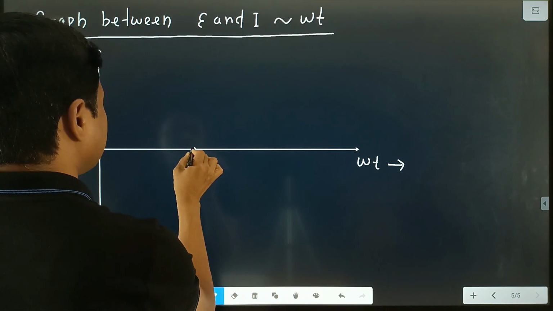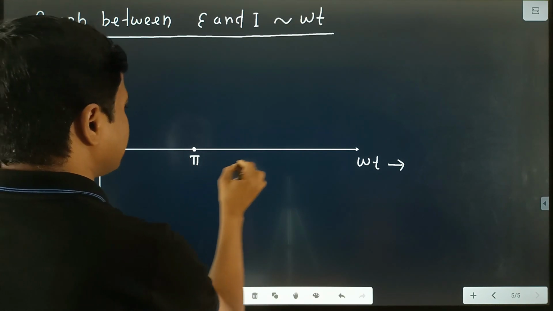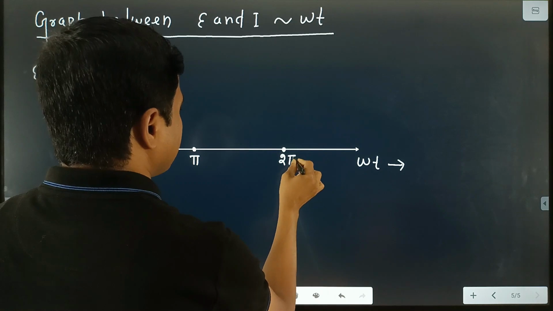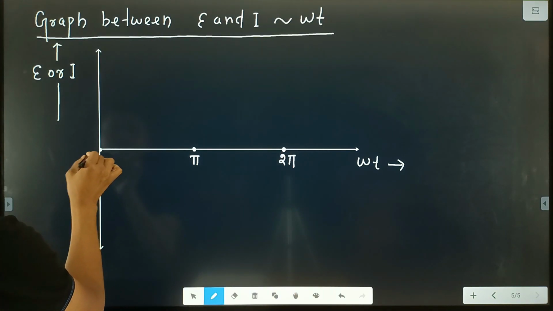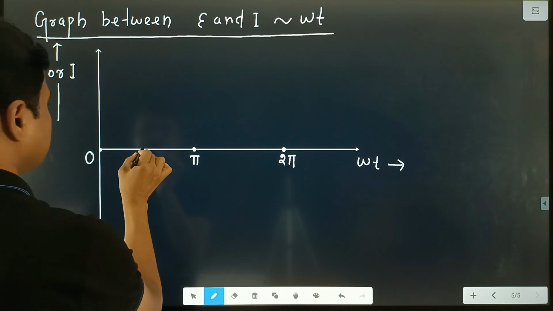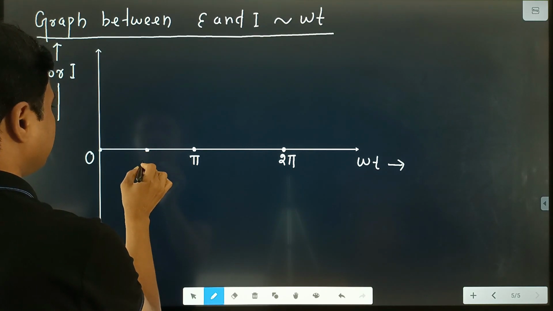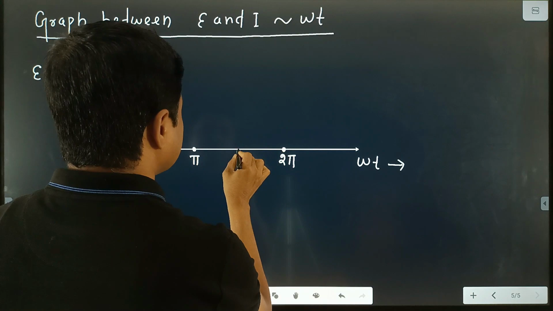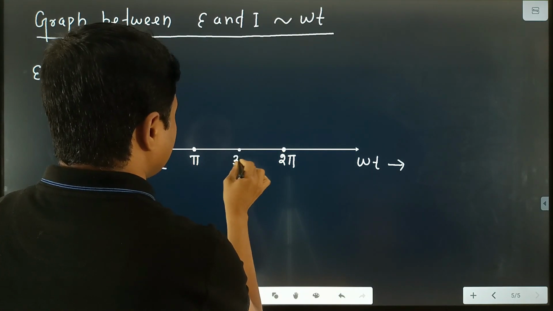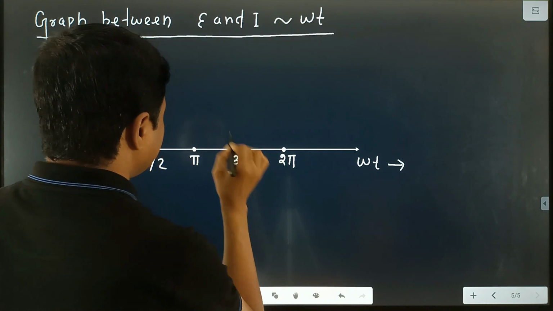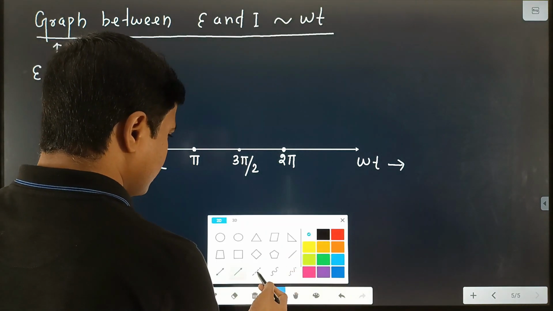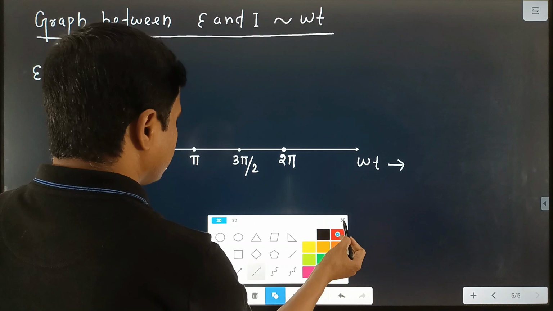Suppose this point, this is half of the cycle, we write pi. This point, the full cycle, we write 2 pi. This is the initial point, we write 0, then pi by 2, pi and 2 pi, and this is the middle point, we write 3 pi by 2. Clear?